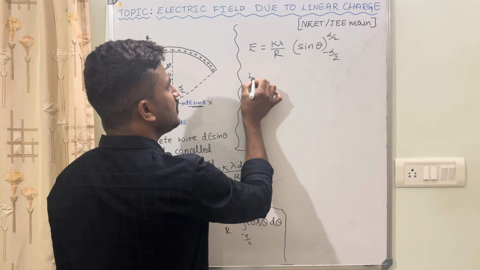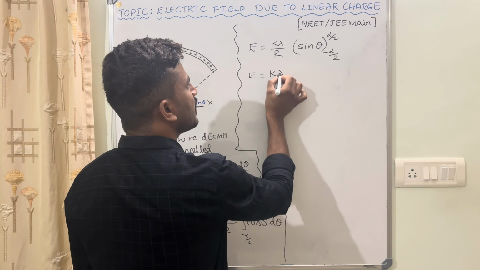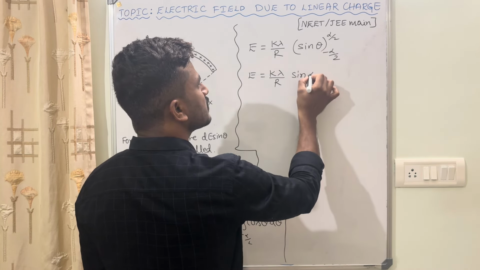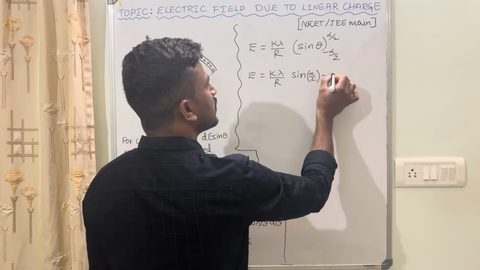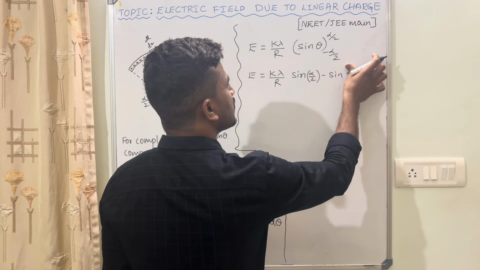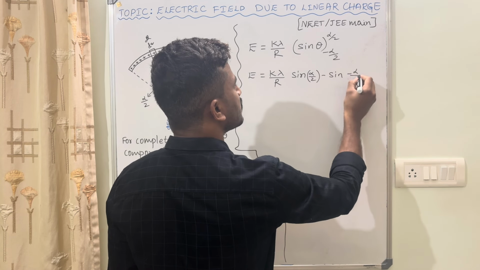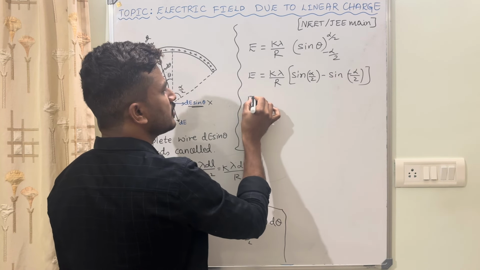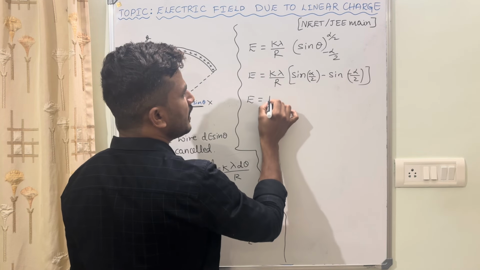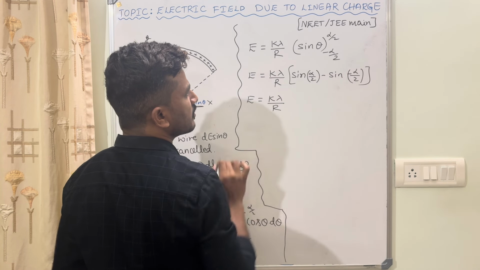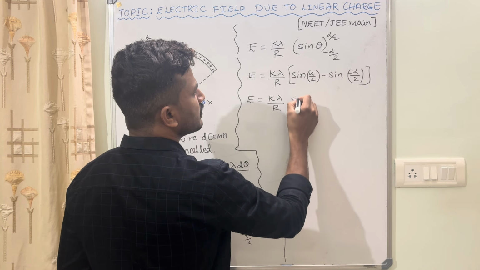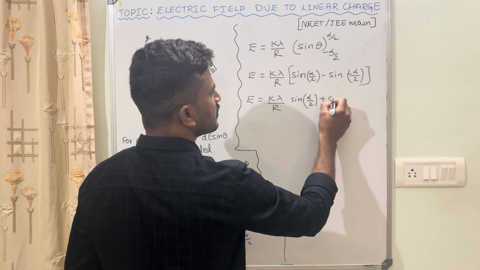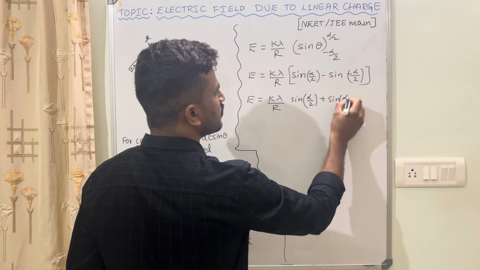So E is equal to k lambda by r sin, upper limit is alpha by 2, minus lower limit is minus alpha by 2. So E is equal to k lambda by r sin alpha by 2 minus into minus, plus sin alpha by 2.